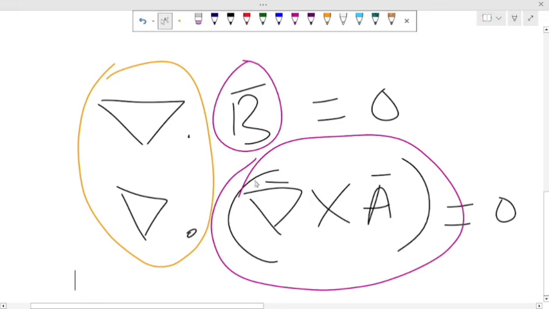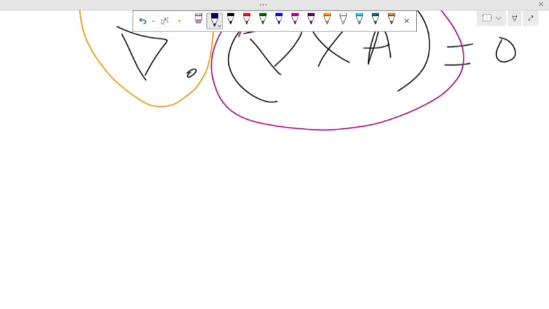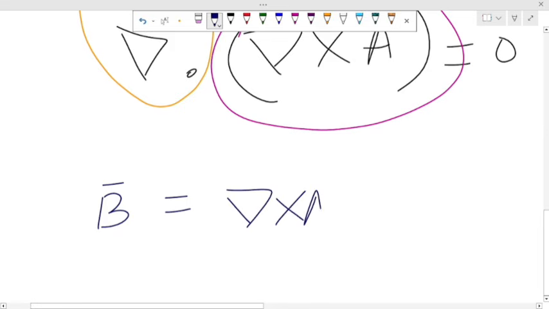It means that since the divergence of magnetic flux density equals 0, and the divergence of the curl of any field equals 0, we can say magnetic flux density B is equal to this. So we can then write this is equal to this. Are we together? Exactly.